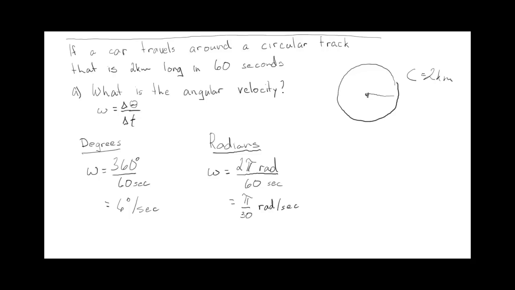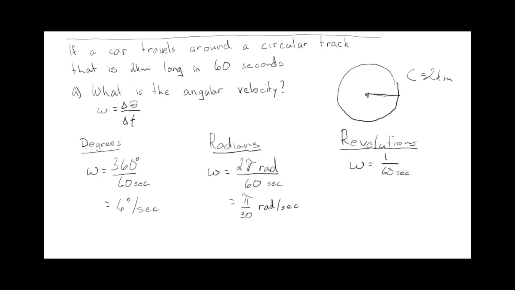Another way to measure angles is with revolutions. The angular velocity is equal to how much the angle changes, but here we're going to measure the angle in full revolutions. So it's 1 revolution per 60 seconds.